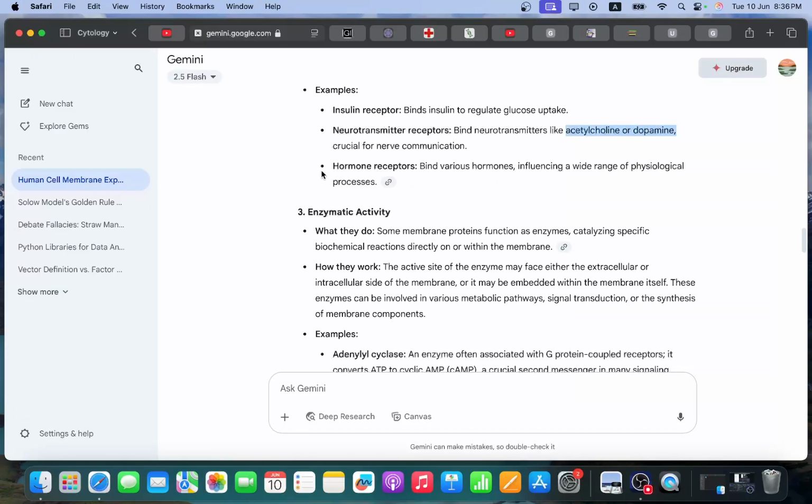More about this later. Hormone receptors bind various hormones, influencing a wide range of physiological processes.